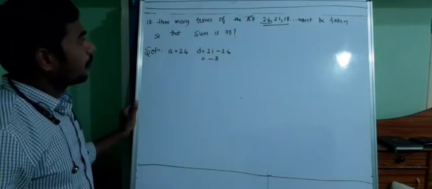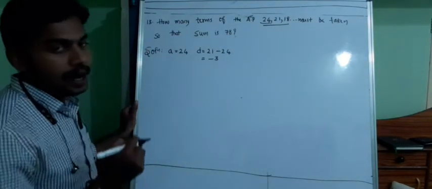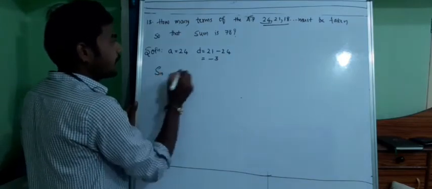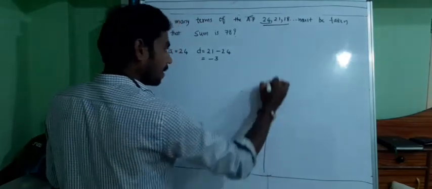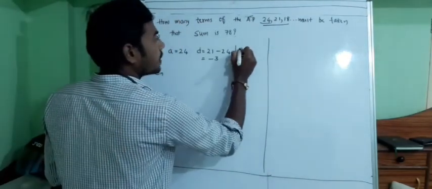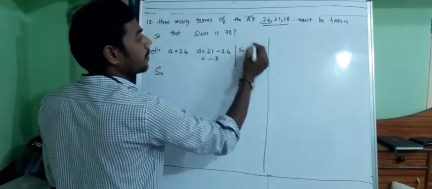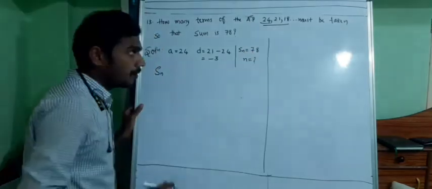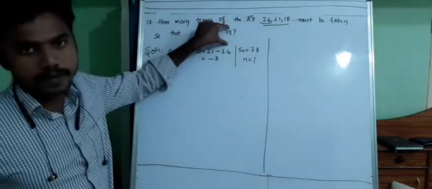Now what do we need to calculate? We need to calculate n. They have given Sn, that is Sn is 78. We need to calculate n, the number of terms for which the sum will be equal to 78.